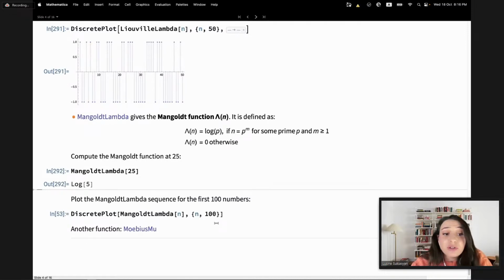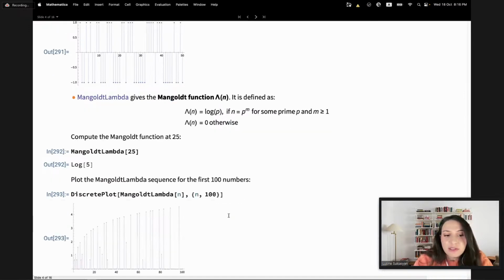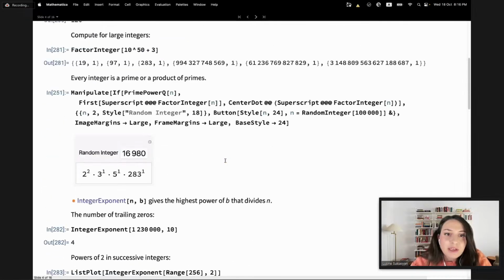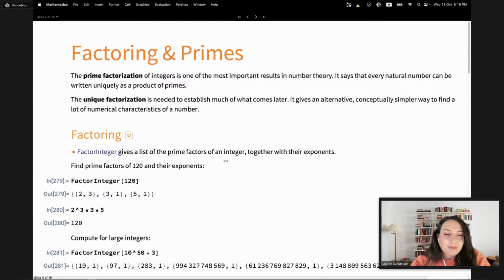We can also plot the Mangoldt lambda sequence for the first 100 numbers by just doing a discrete plot. Another function is MoebiusMu, which we will talk about later. So these were the most important basic functions in this category, factoring and primes.